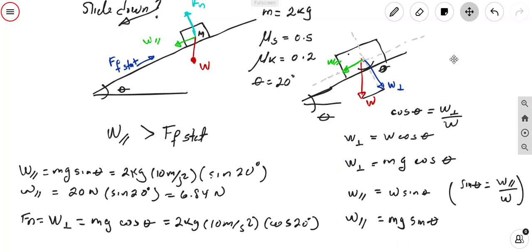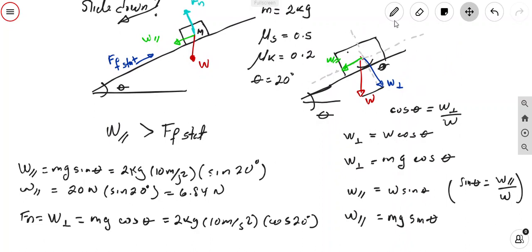Knowing this, if I do my calculation, the normal force is equal to 20 newtons times the cosine of 20 degrees. The cosine of 20 is 0.939692, times 20 is equal to 18.79. So the normal force is equal to 18.79 newtons, or 18.8 newtons.